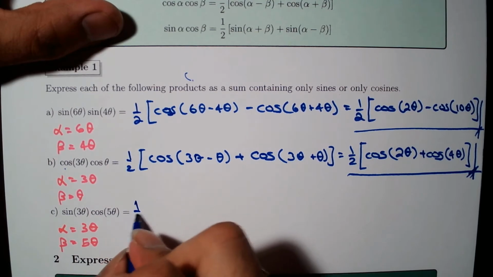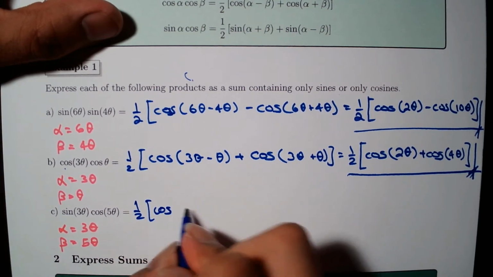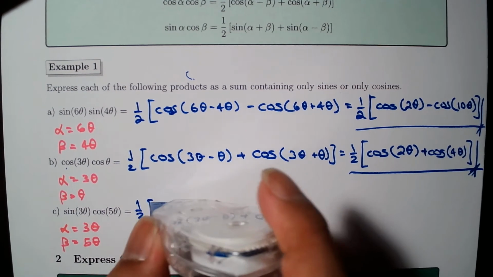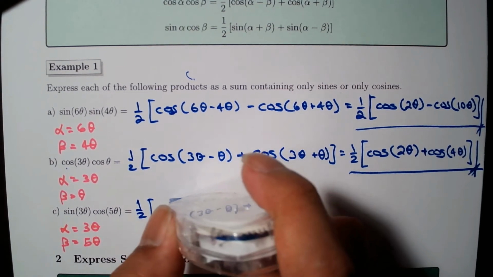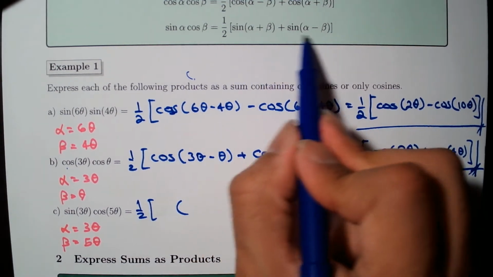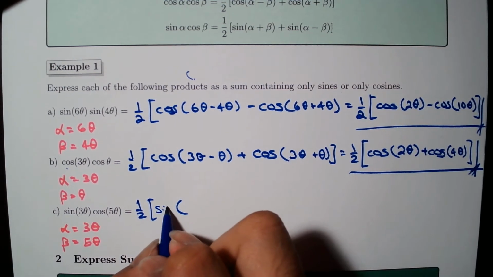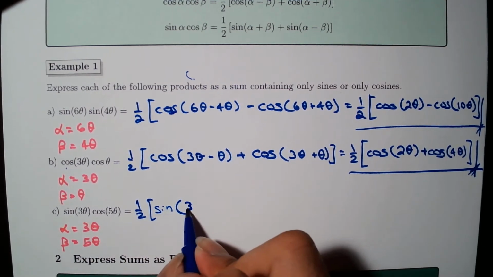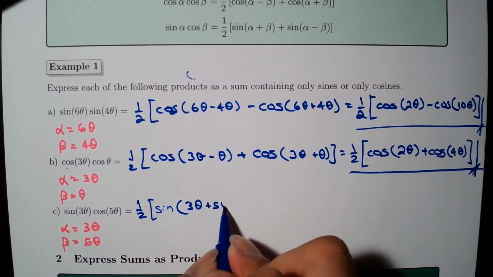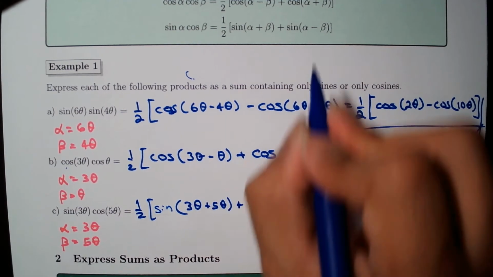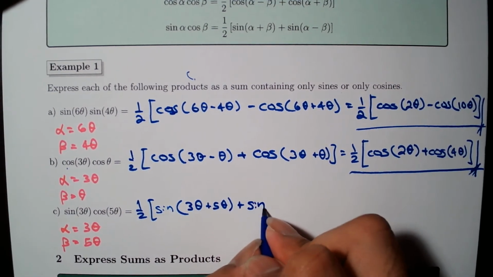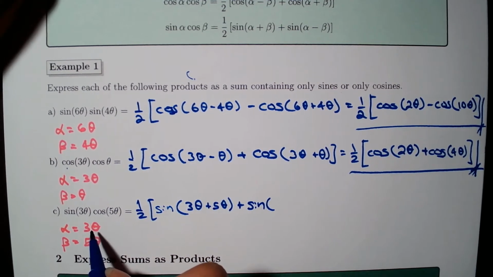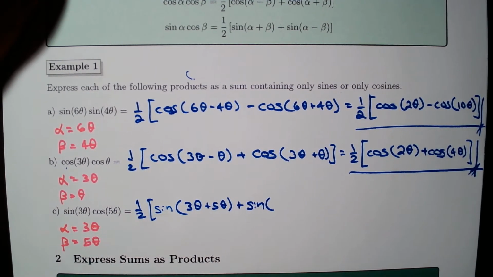So that's going to be 1/2 cosine of, actually it's not cosine anymore. In this case, this formula is going to involve sines. So sine of alpha plus beta, 3 theta plus 5 theta, plus sine of alpha minus beta, 3 theta minus 5 theta.